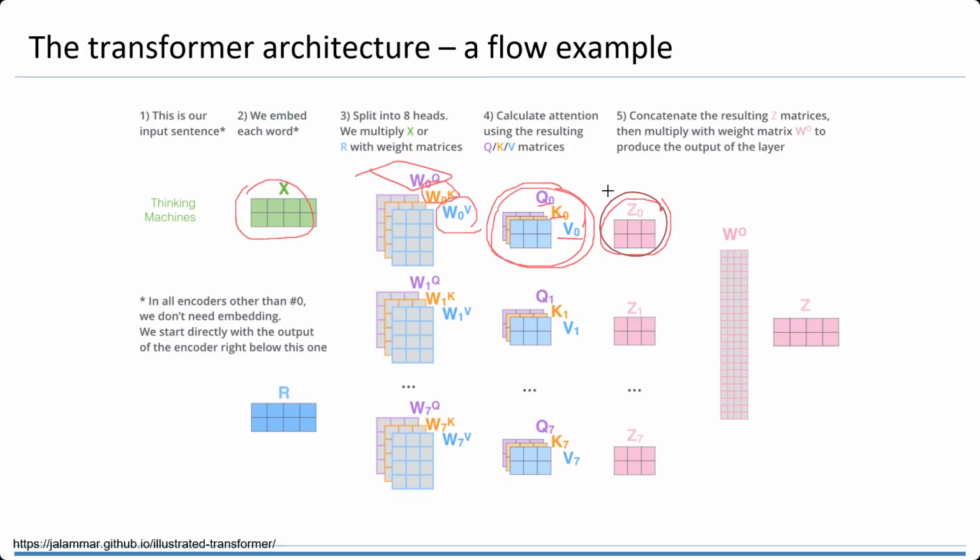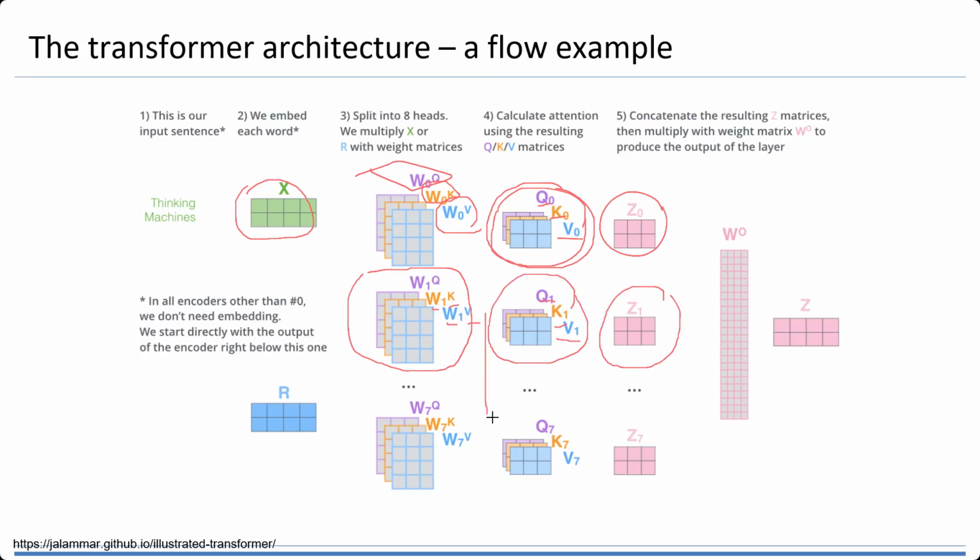We will perform several iterations: W1Q, W1K, W1V, then Q1, K1, V1, and then we get Z1, and so on.